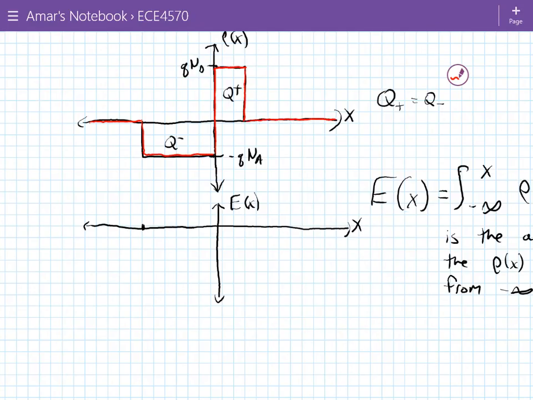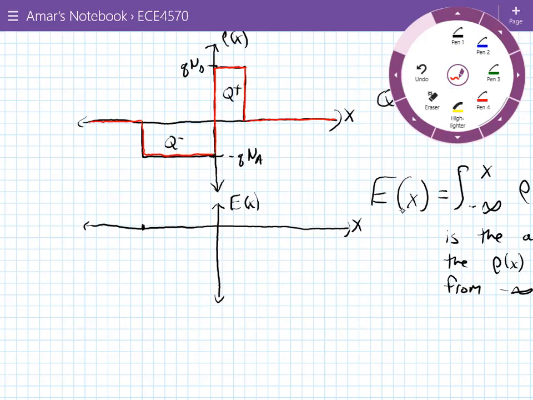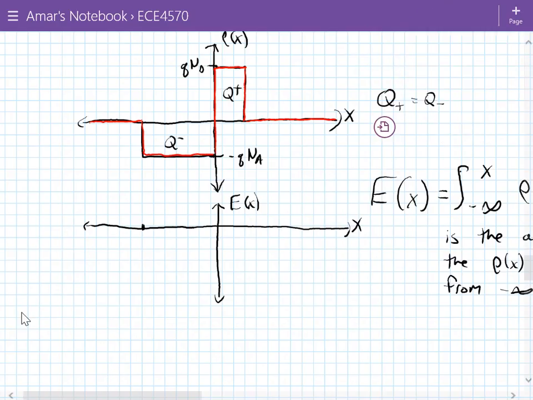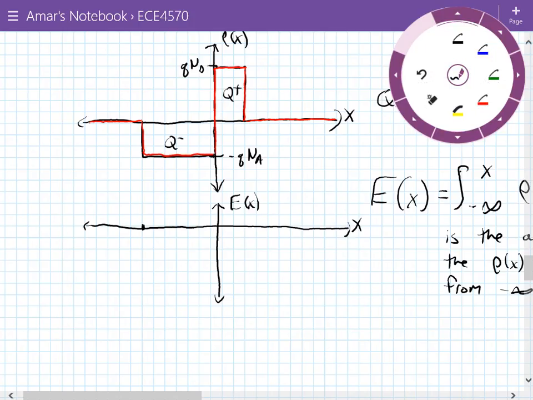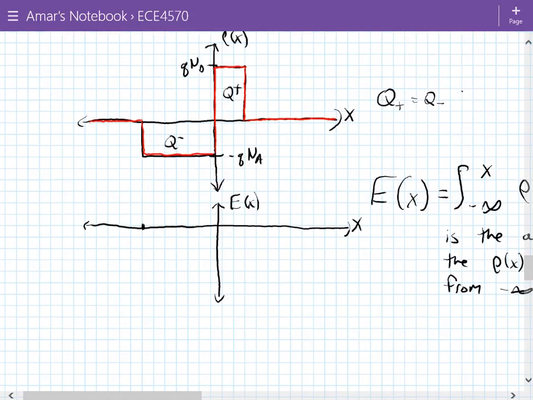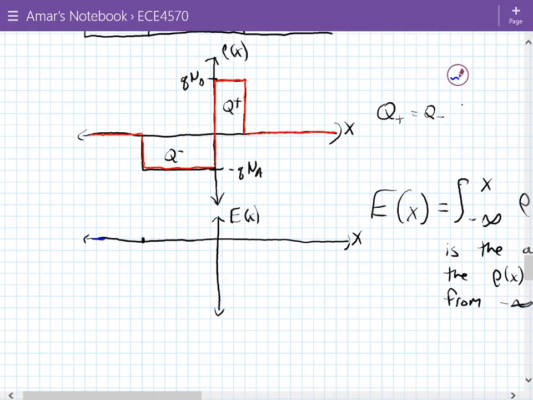So what's the area under the curve? Everything to the left of this point is 0. Do we agree? Everyone agree that the integral up to that point is 0? So when we're drawing the electric field plot, the electric field line, everything from here to here is going to be 0.